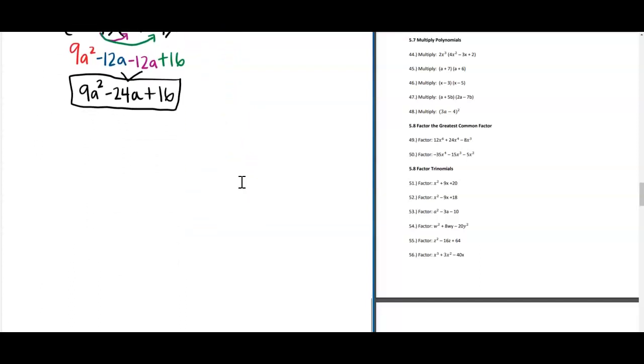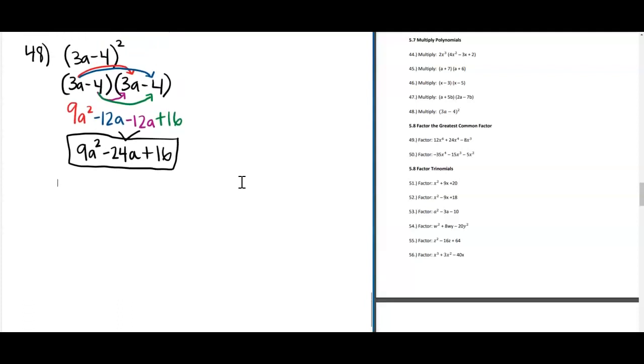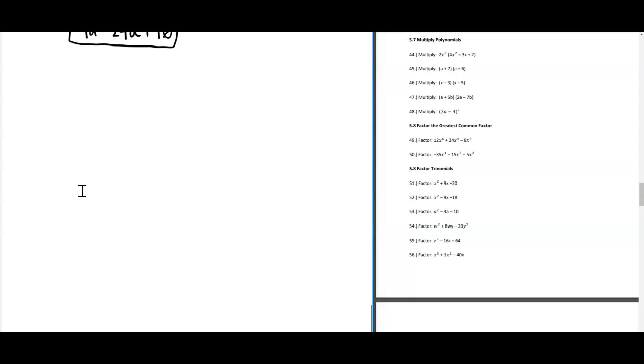Okay? And then the last section in Module 5 is 5.8, which is factoring. Basically, factoring is just undoing what we just did. So taking our answer that we started with and working backwards to get to our factored answer. Okay?